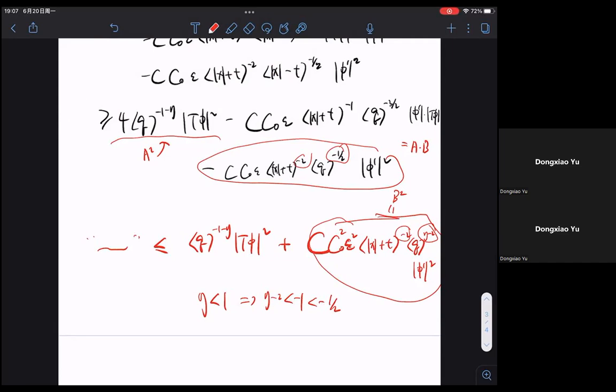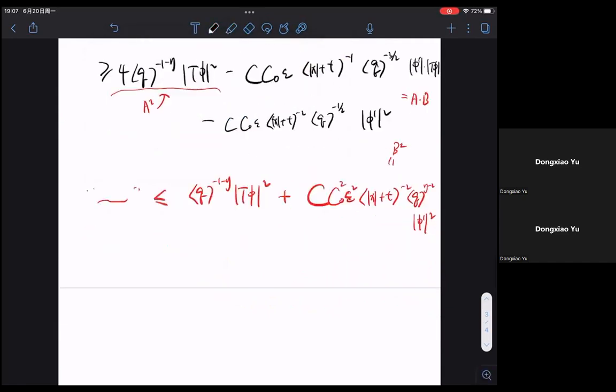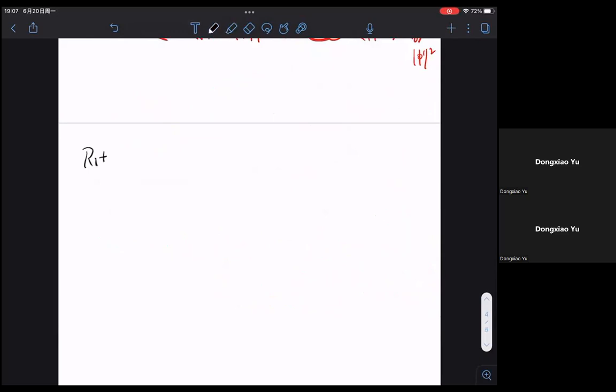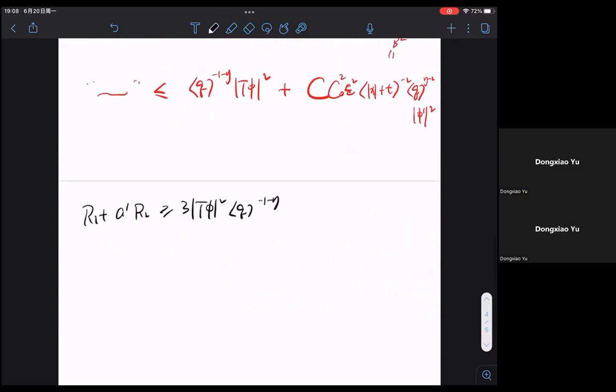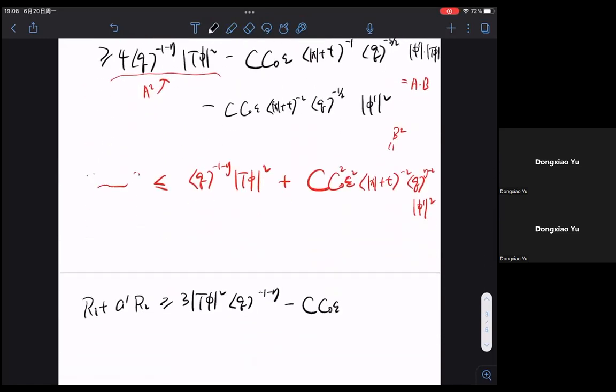So in summary, I have proved the following estimates. R1 plus A prime R2 is larger than or equal to 3 t φ square q^{-1 minus eta} minus C c0 epsilon (x plus t)^{-2} q^{-1/2} φ prime square.